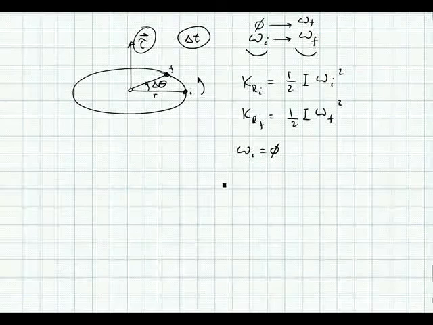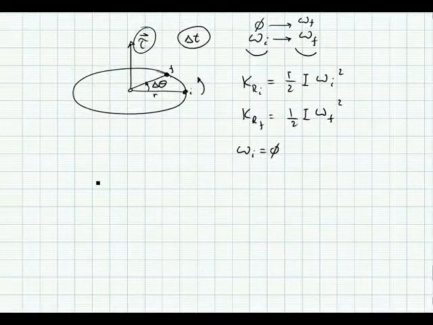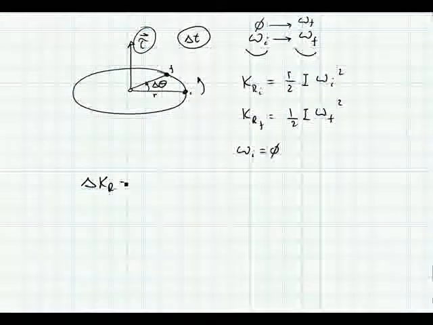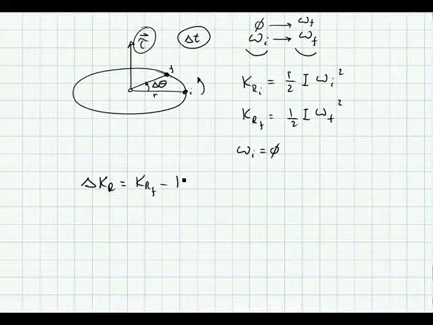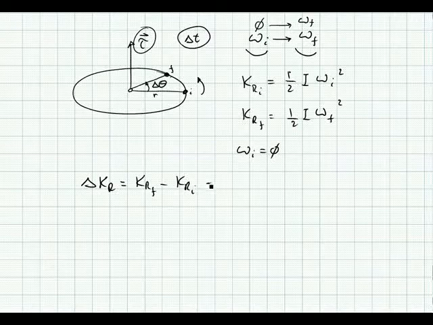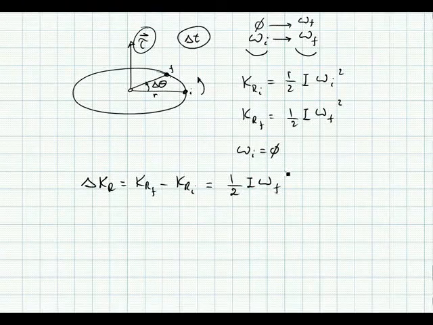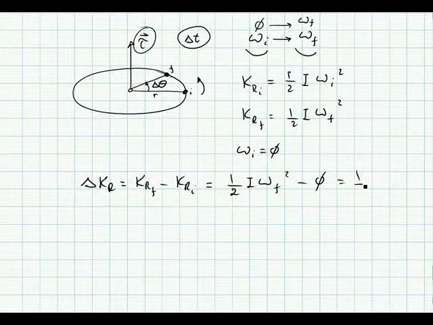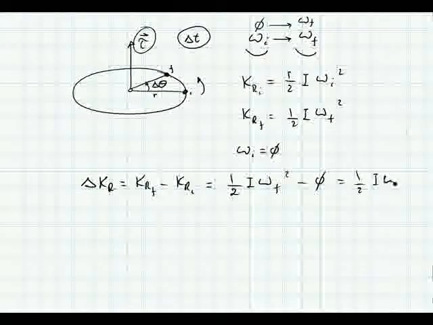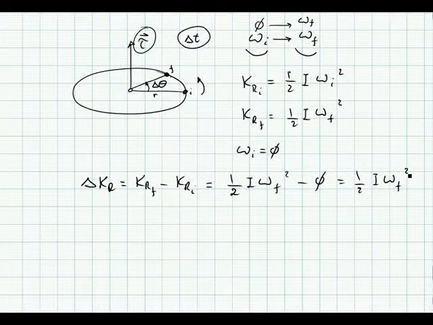Then the change in rotational kinetic energy of the disk is simply final minus initial, which takes the form of 1/2 of I omega final squared minus 0, which is 1/2 of I omega final squared.